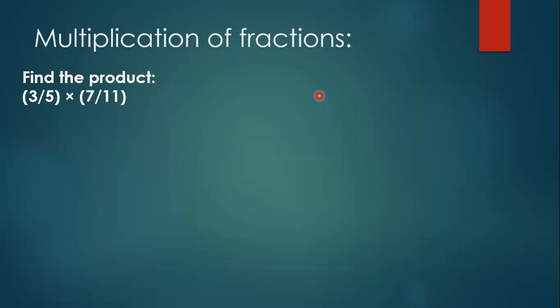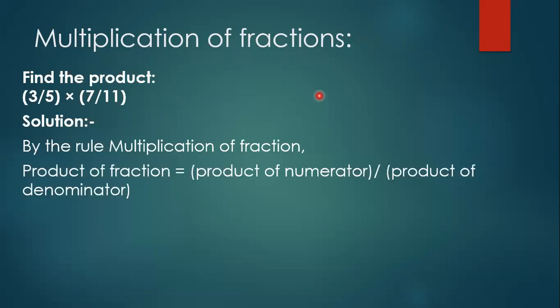See, suppose you have to find the product of 3 by 5 multiplied by 7 by 11. Here my concern is not whether they are like fractions or not. I know the rule of multiplication is extremely simple. What am I going to do? I'm going to multiply the numerators and the denominators.